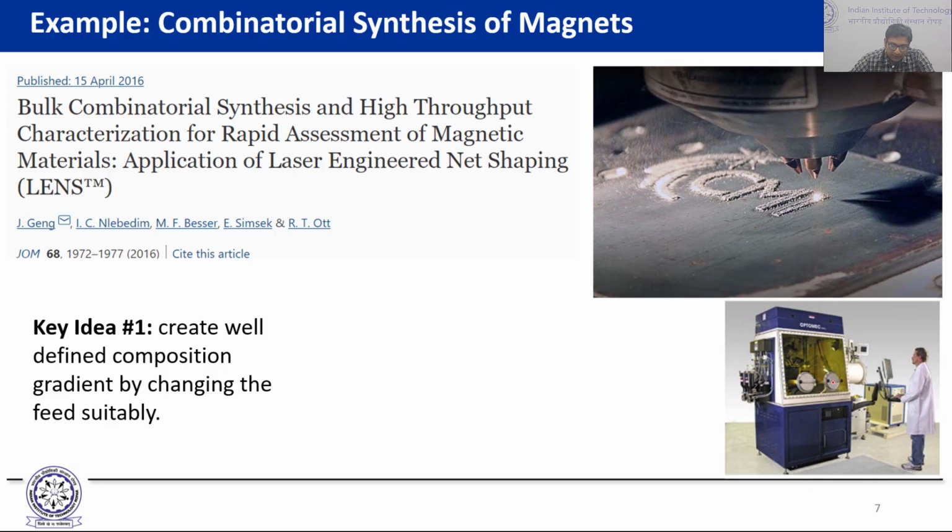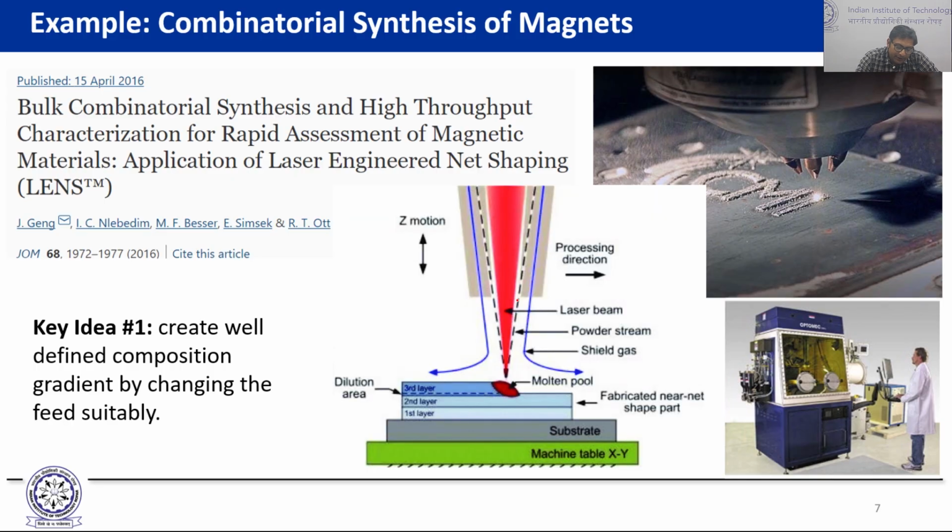they are using. So when you are using an additive manufacturing process like this, you essentially have a laser beam, and then you will be feeding the powders through the sides, and then the powders come over here. As the laser interacts with the powder, it melts it and you have a molten pool. And if you are translating this entire system in one direction, you are essentially growing your product from left to right over here.